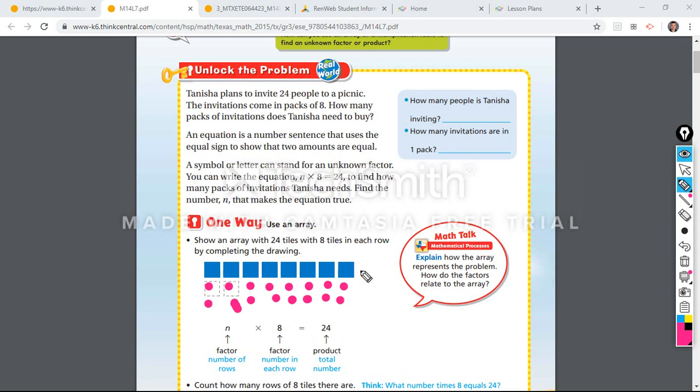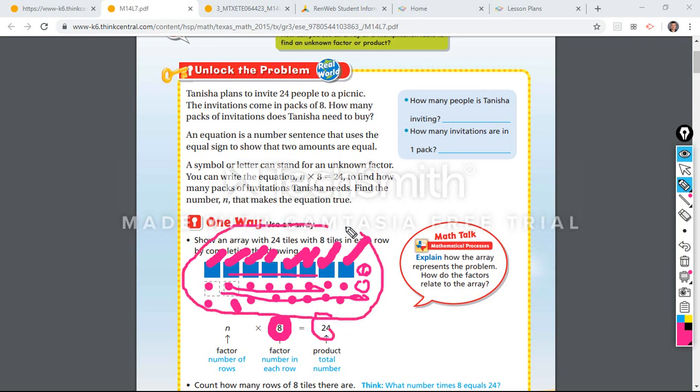So you should already see the pattern here. So n is the factor and the number of rows. How many rows do I have? 1, 2, 3. 8, which is the factor, is the number in each row. So remember, n is how many total rows that we have. How many total rows? We have 3. Okay? And your product is 24. All of these equal 24.